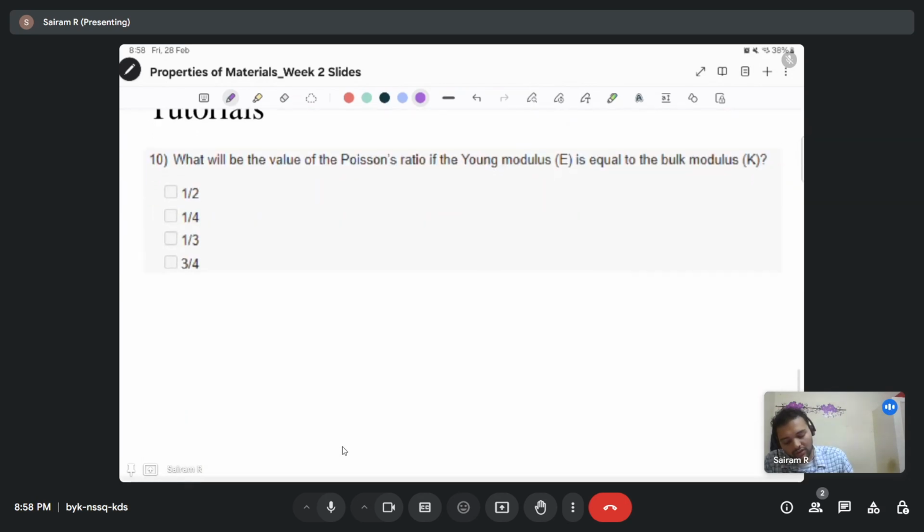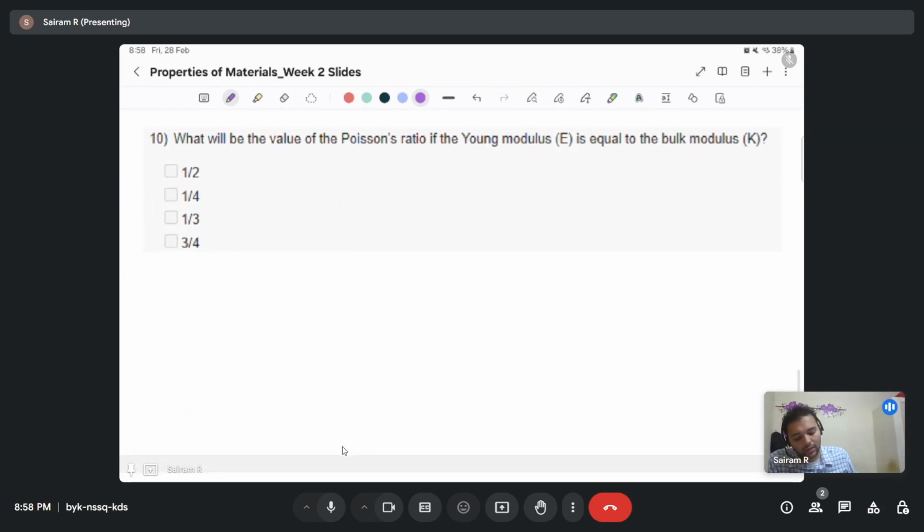What will be the Poisson's ratio if the Young's modulus is equal to the bulk modulus? Here they have given the condition K equals E, but we also know K equals E by 3 into 1 minus 2 nu, which equals E. Then they've asked for the value of the Poisson's ratio.